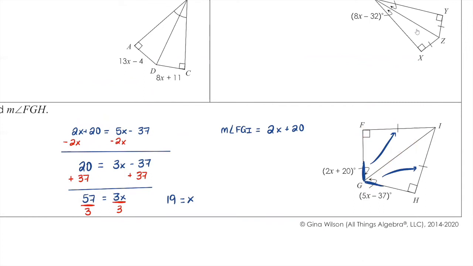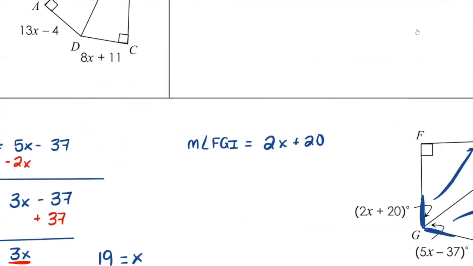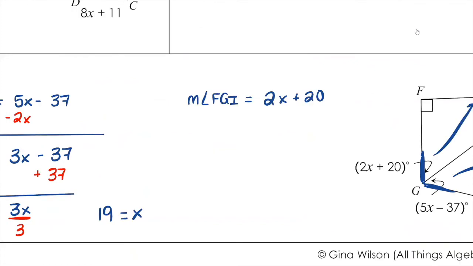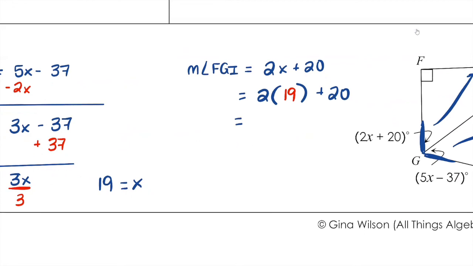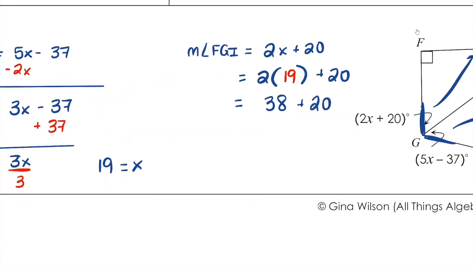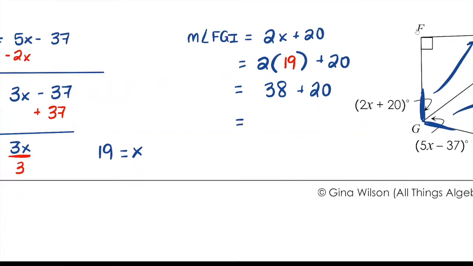We're going to substitute our known value of x, which is what? So we're going to plug in 19 into our equation. Two times 19 is 38. Plus 20? 58.